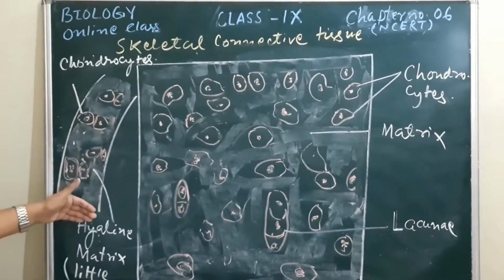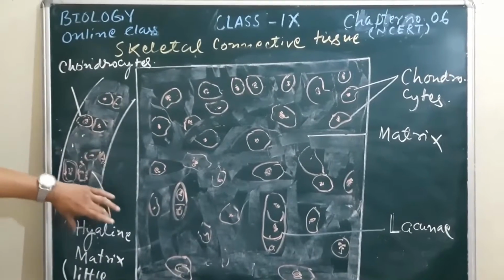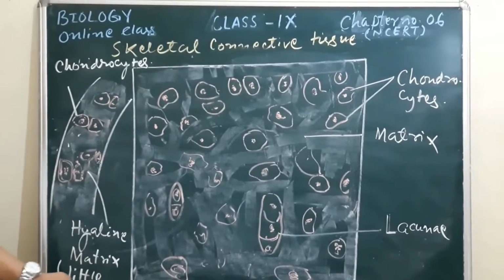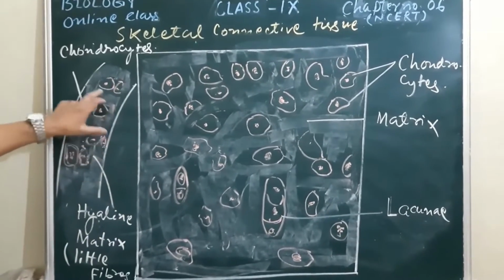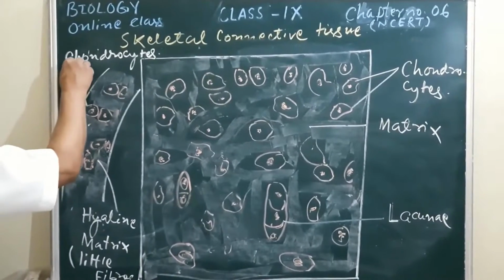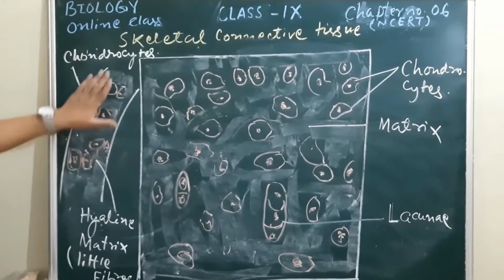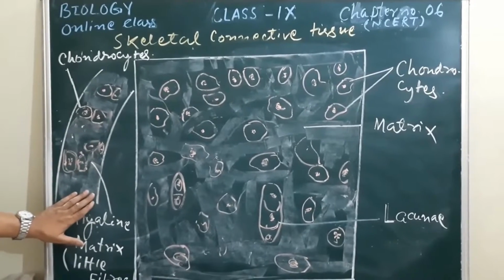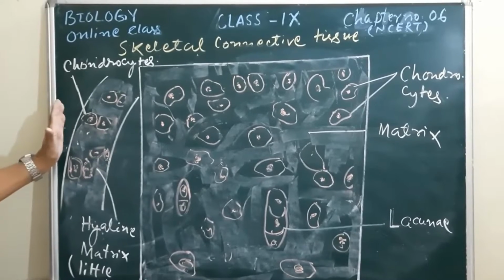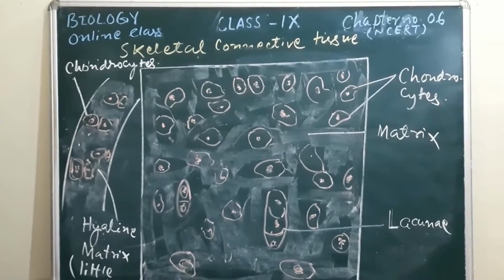Here this shows a special type of hyaline matrix with little fibers present in it, and these chondrocyte cells are also in this picture you are looking at. Understand? So this is the description of the cartilage.